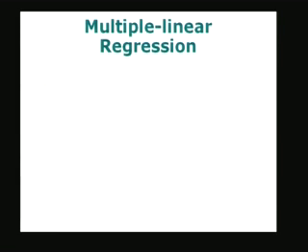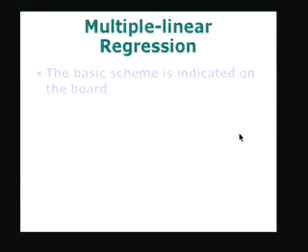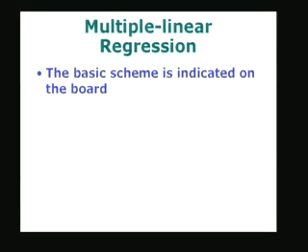I am going to talk about multiple linear regression, which also is a very useful regression model for many problems, many situations where multiple regression may be useful. The basic scheme I will indicate on the board, and let me just briefly say where you expect this kind of a model to come.